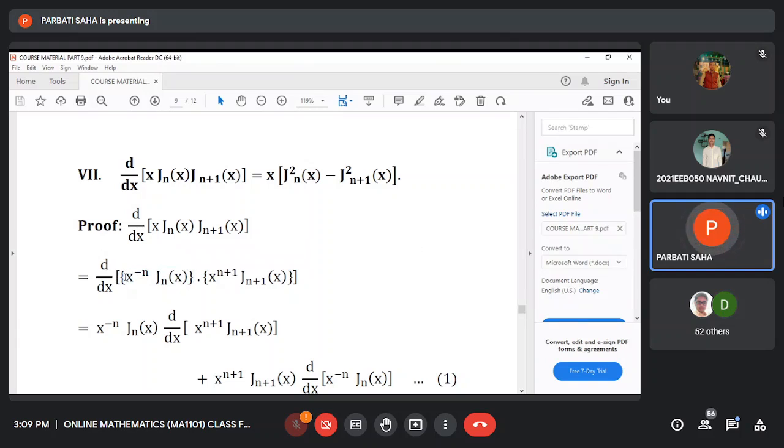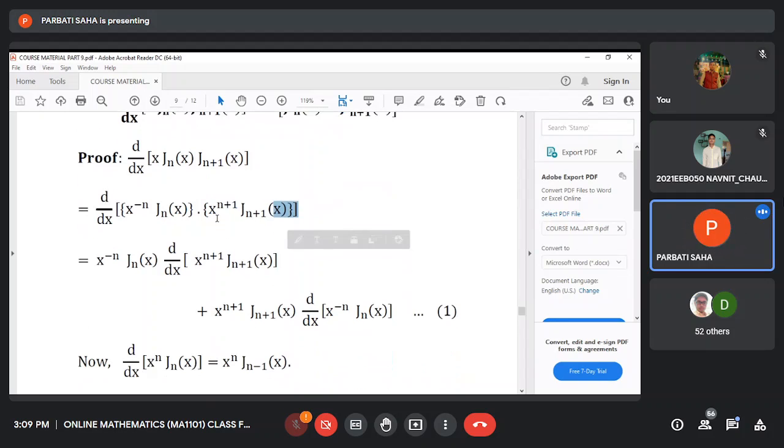Now you consider this as a product of two functions. Suppose this is u and this is v. We differentiate v with respect to x, where u remains unchanged. So x to the power minus n Jn x remains unchanged, and we differentiate this with respect to x.